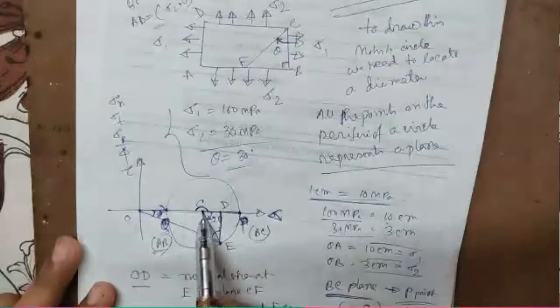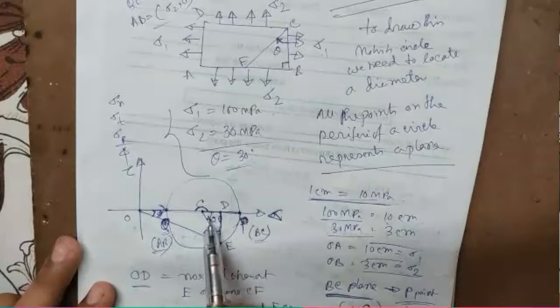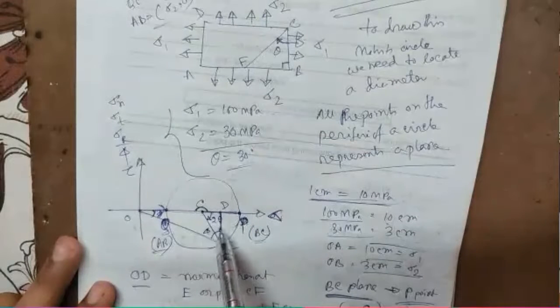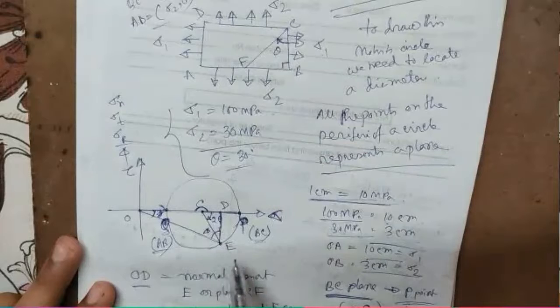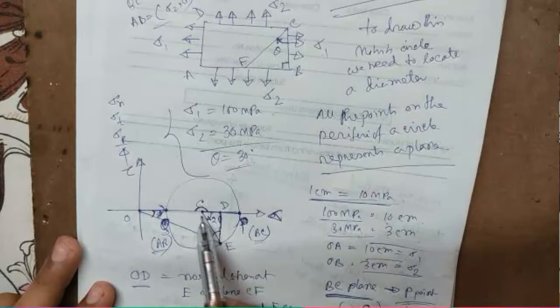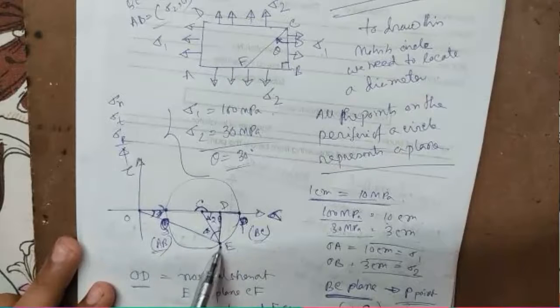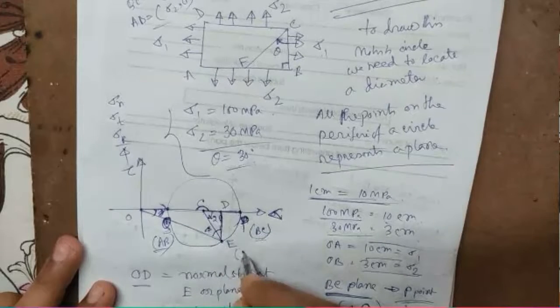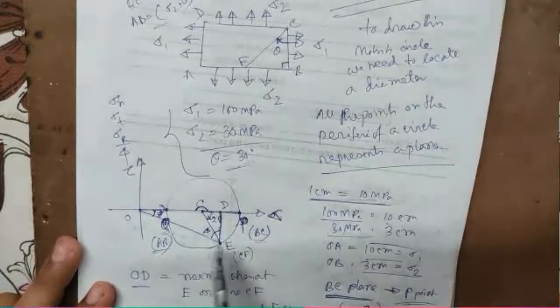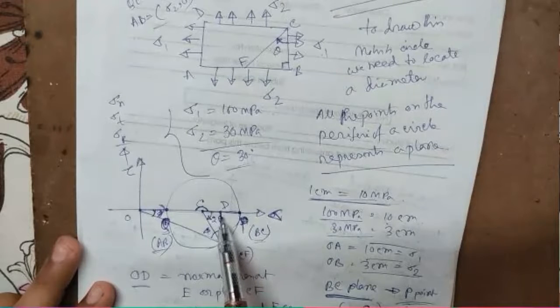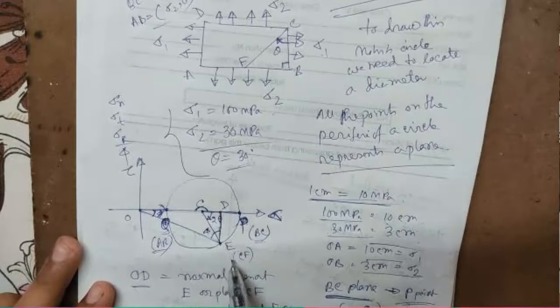So we go from CP, the angle clockwise in the same direction but double, 2 theta. We reach point E. We join CE, and CP and CE make a 2 theta angle. Now if we join OE, that gives us the resultant stress on plane CF, because E represents plane CF.